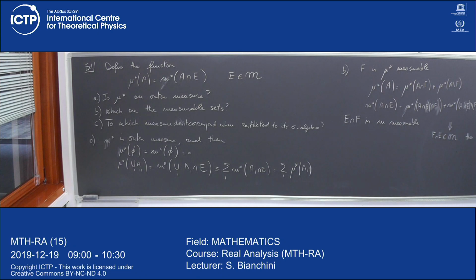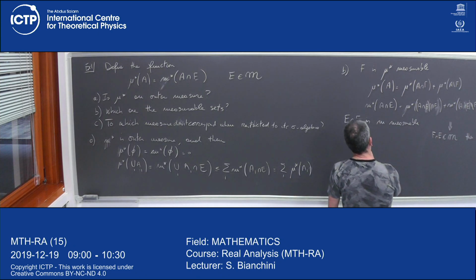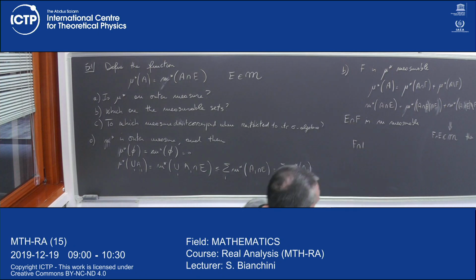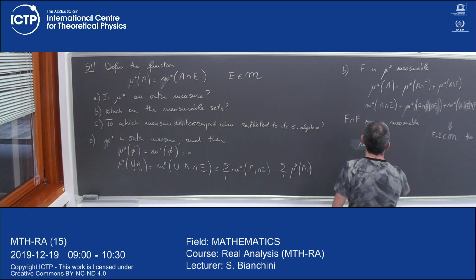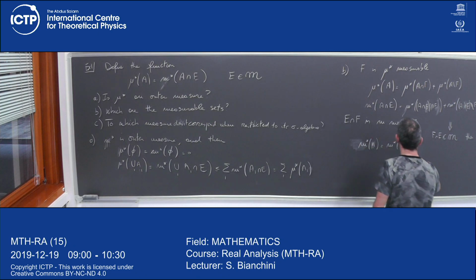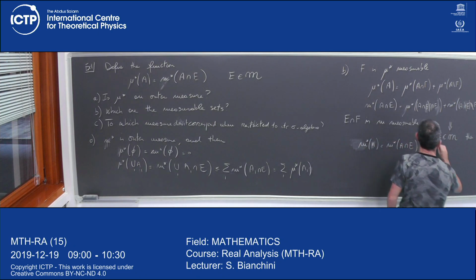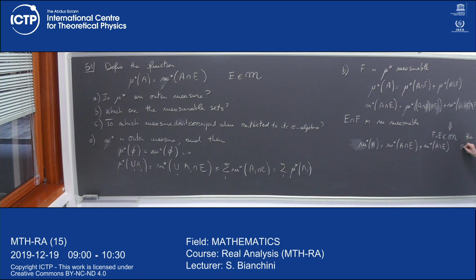From this I deduced this holds when intersecting with E. Then, we can use the fact that it is measurable, because I use the relation that M star of A is equal to M star of A intersection E plus M star of A minus E, because E is measurable.